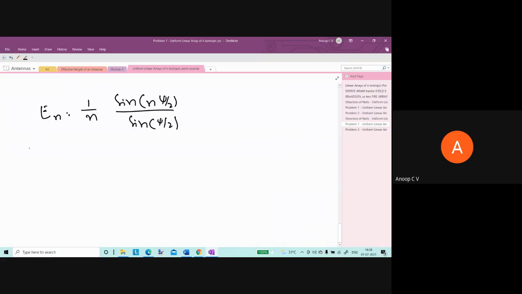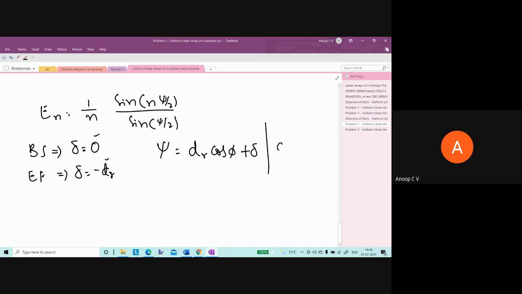Then, if it is broadside, delta equal to 0, and end fire, delta equal to minus dr. Then psi is equal to dr cos phi plus delta, where dr is equal to 2 pi by lambda times d.